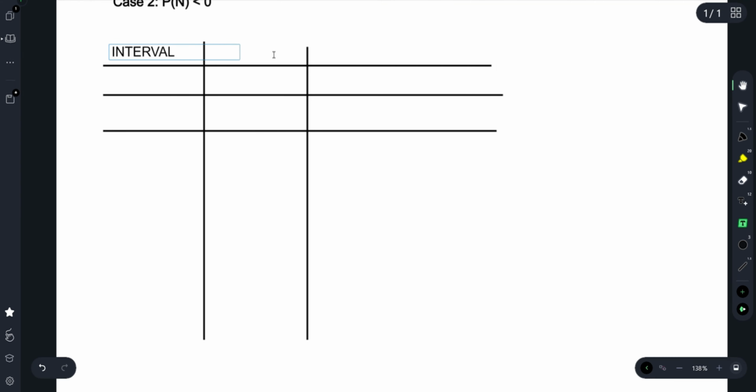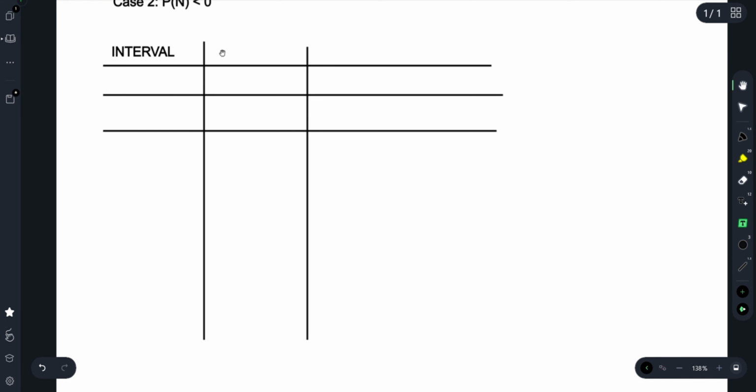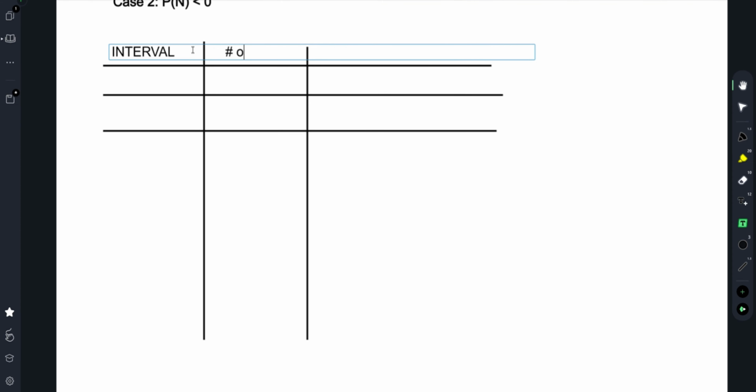Let's say this is the number of negative terms. So let me do something real quick. We can construct something like this.